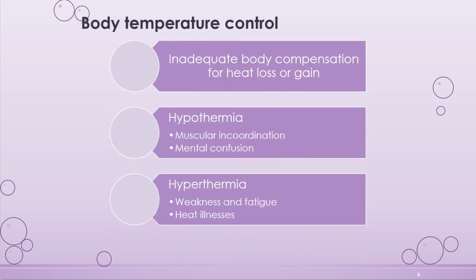Hypothermia and hyperthermia are both conditions related to the body's core temperature, but they represent opposite ends of the temperature spectrum. Hypothermia occurs when the body loses heat faster than it can produce it, resulting in a dangerously low core body temperature. The condition is typically defined as having a core body temperature below 95 degrees Fahrenheit.